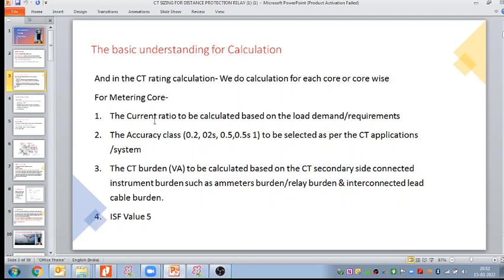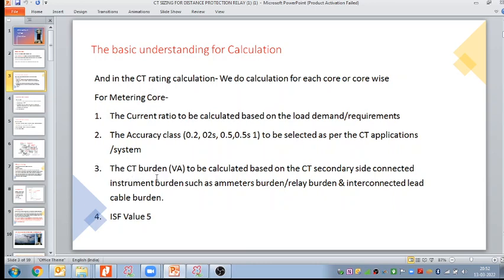As already discussed, the current ratio. Yesterday we discussed current ratio by taking one solar project. The current ratio is to be calculated based on the load demand or requirement. Then the accuracy class, these are the options available, and it can be selected as per the CT application.